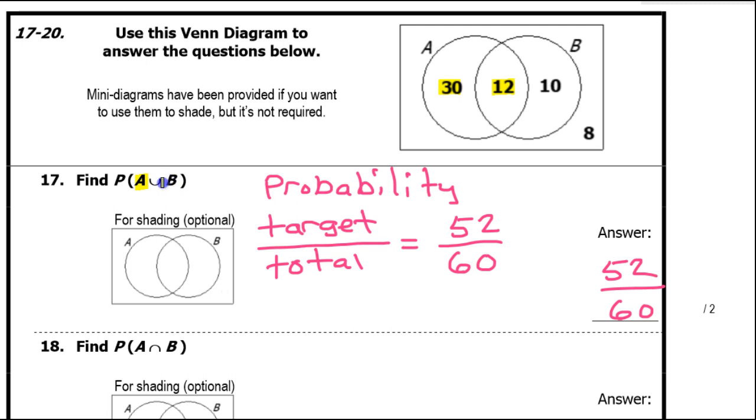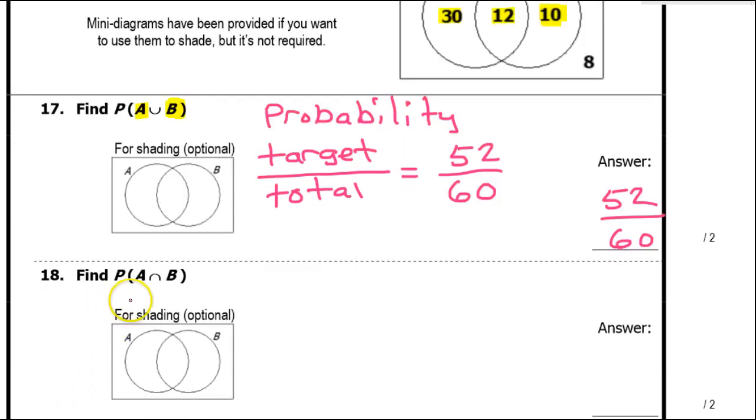So this is an or problem, so I'm going to add on more. In addition to what I've already highlighted, I'm going to add on any numbers that are in B. And so there's only one number that's in B that I haven't already highlighted, so I add that on. So that's another way of seeing that's going to be 52. Now this was so simple you wouldn't have needed that, but sometimes the sets are much more complicated, and that strategy is very helpful.